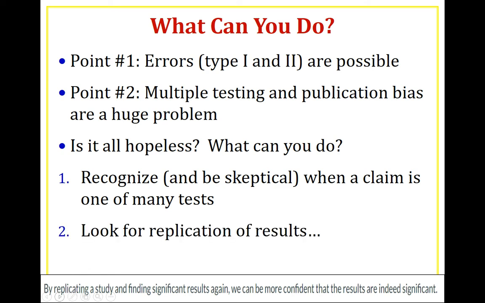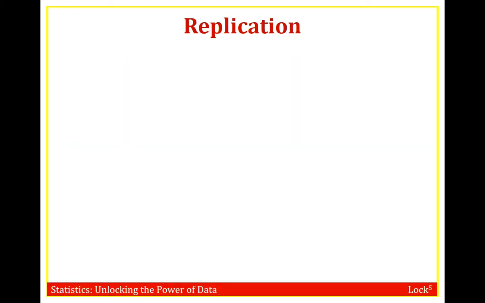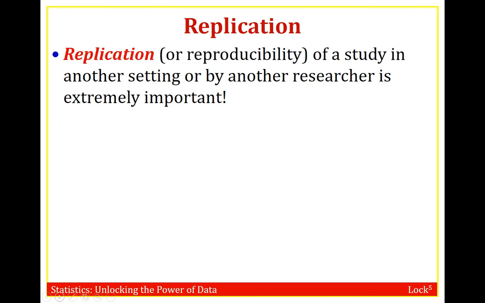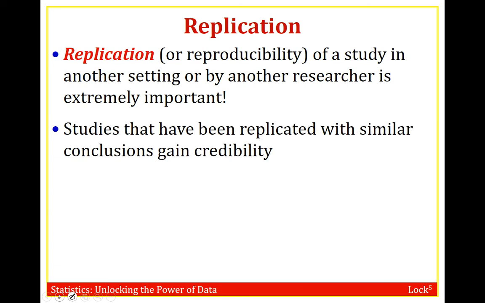And look for replication. That's the key, in that results can be replicated by other institutions, other testing facilities. Replication is that I put it into another setting with another researcher, and it is also significant when it is being double checked, if you will.